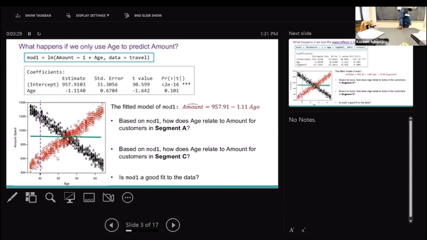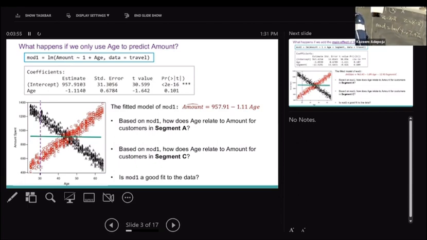If I want to make inference, if I really want to know how much a person of age 30 really spends, if I use the red line, the result I'm going to have will be different from when I use the black line.